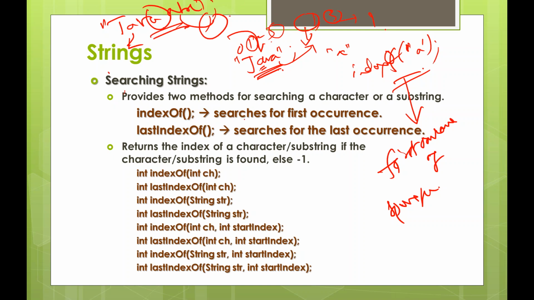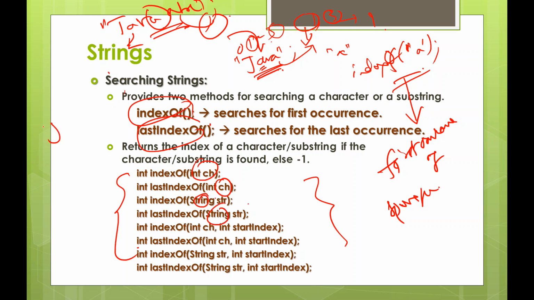That's how you can find the first index. That's how you can implement the indexOf and lastIndexOf methods. They have different implementations, overloaded methods. Not only characters, you can pass strings as well.